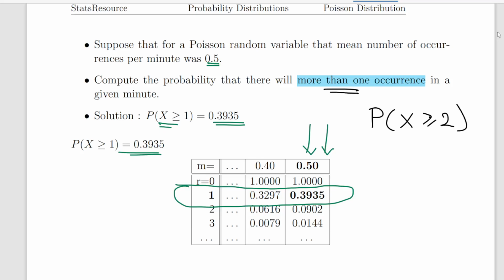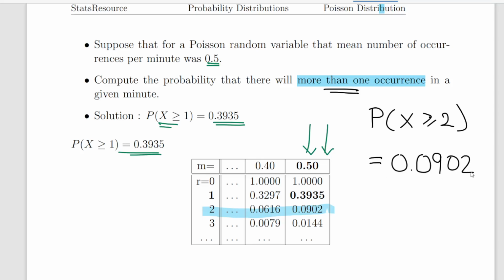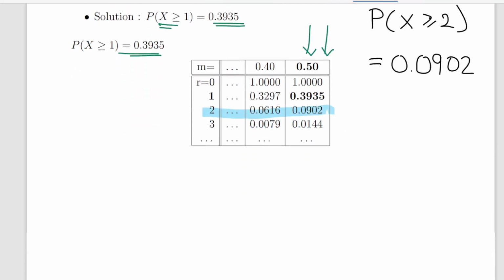Okay, so let's go again. We go to this row here, and in that case, the answer is 0.0902. Okay, that's how you do it.